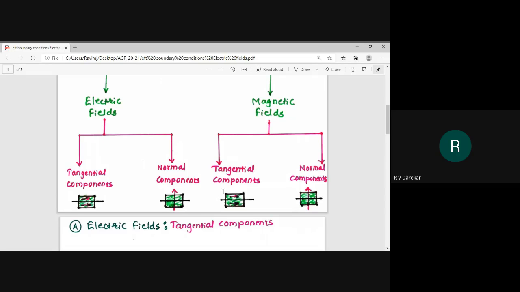In a very similar way, in the case of the magnetic field also, there exist two components, one a tangential component and another a normal component. So this is the revision of the last lecture.